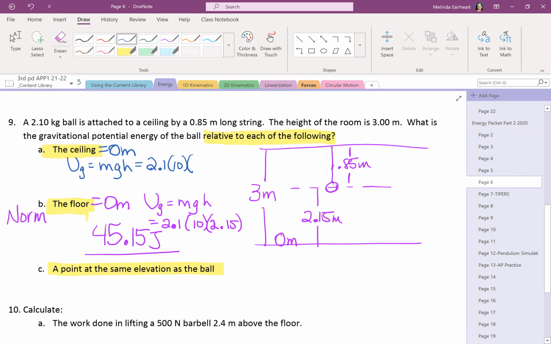So what would we plug in for the height from the ceiling? The vertical position from the ceiling? Negative 0.85. So again, this is atypical, but still possible.